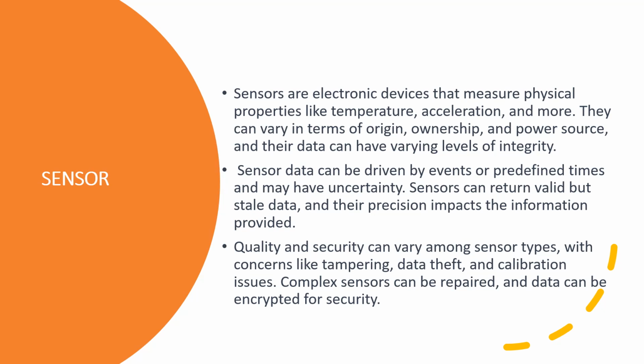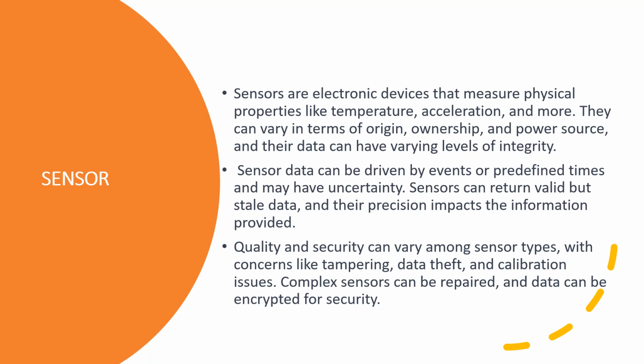In our life, we can see many sensors, such as those used for measuring temperature, knowing the emotion of a person, and knowing the psychological nature of a person, from different sources. The high-level sensors can be repaired, the data can be encrypted, and data storage is possible in these sensors.